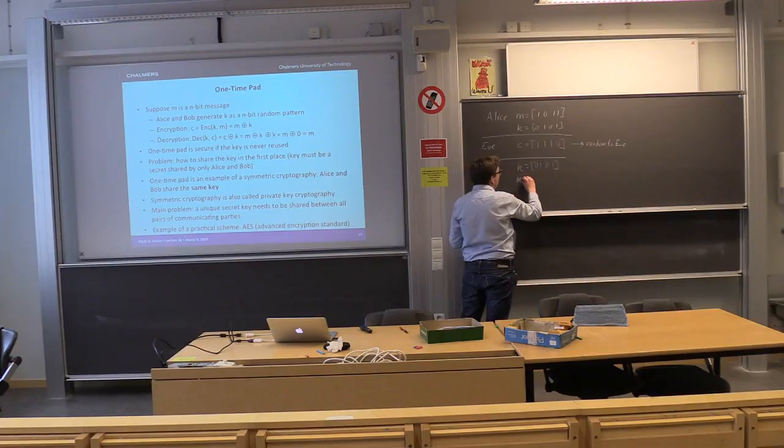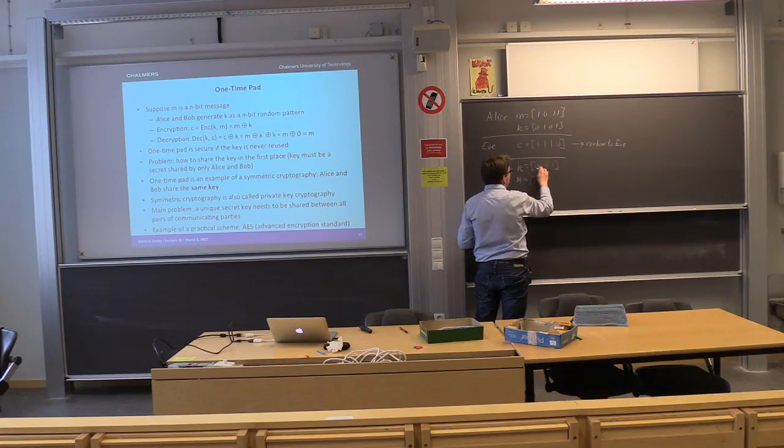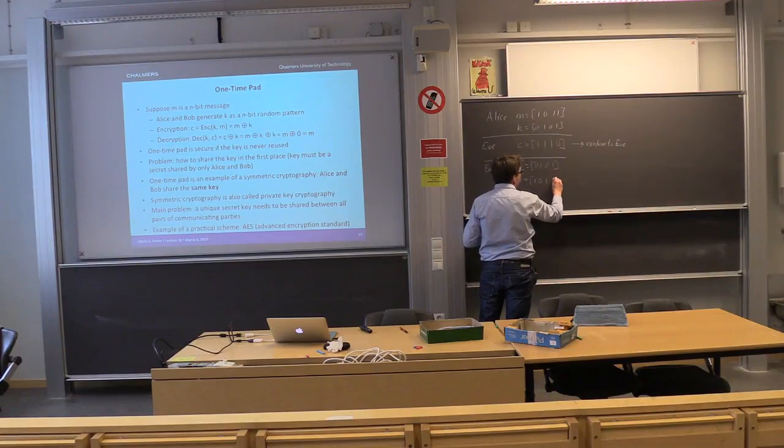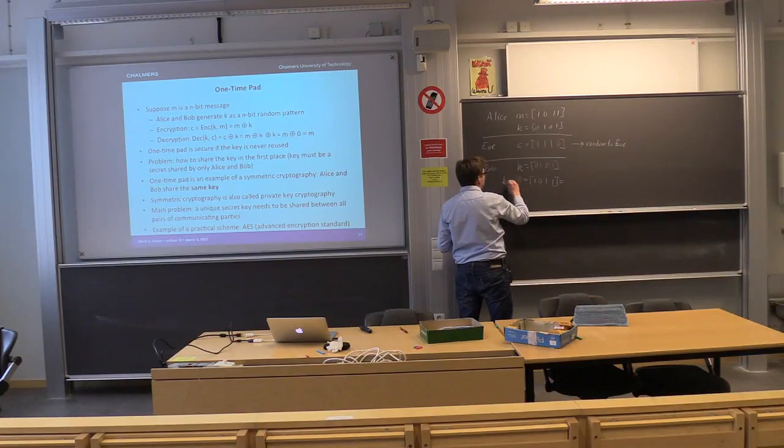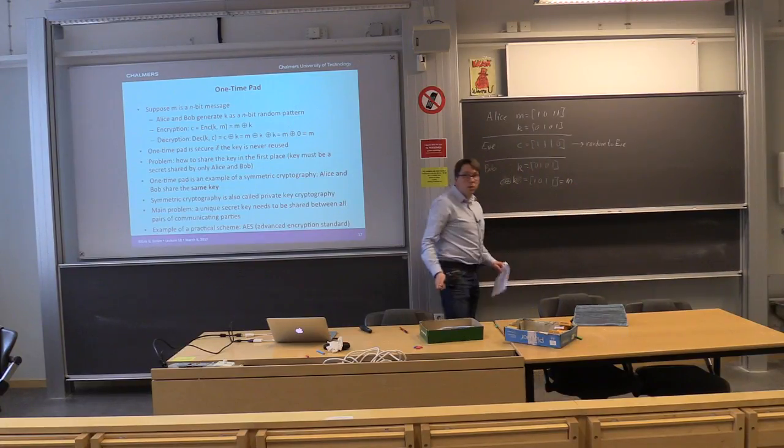And then we get the message: 1 plus 0 is 1, 1 plus 1 is 0, 1 plus 0 is 1, 0 plus 1 is 1. So then we have the message.